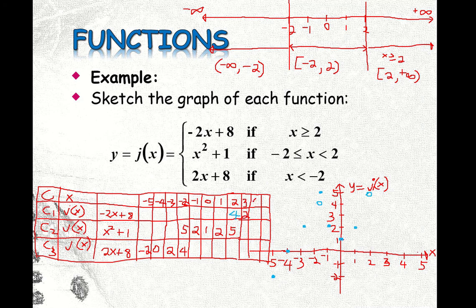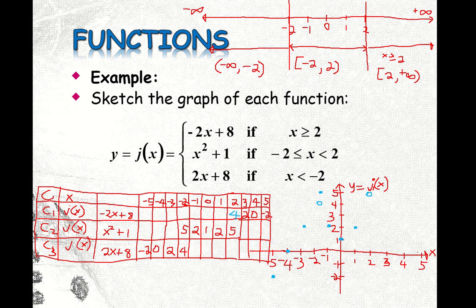Then when x equal to 4, negative 2 times 4 is negative 8 plus 8, so this will be 0. When x equal to 5, negative 2 times 5 is negative 10 plus 8, so negative 2.